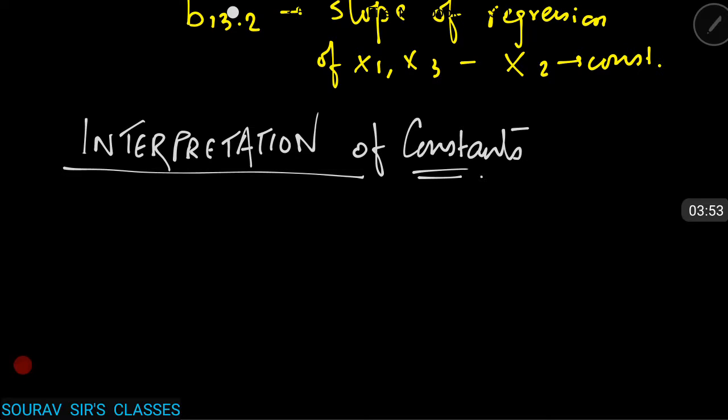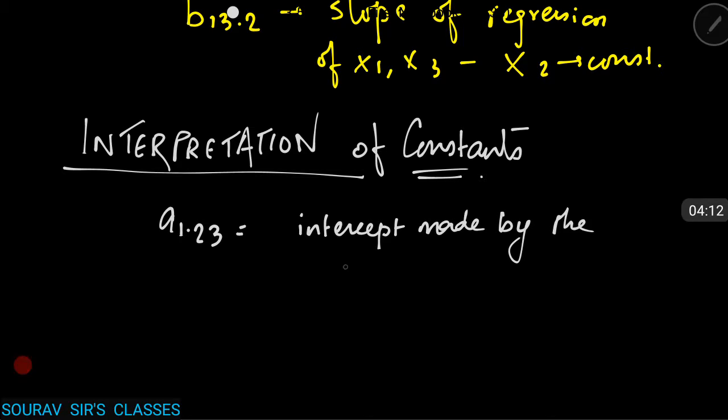It gives the value of the dependent variable when all the independent variables are 0.